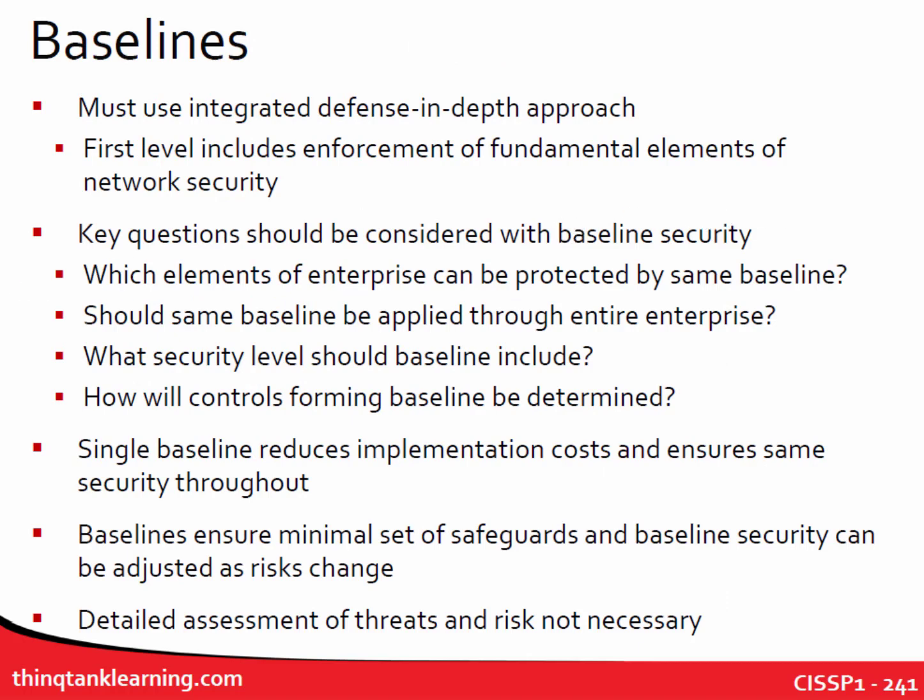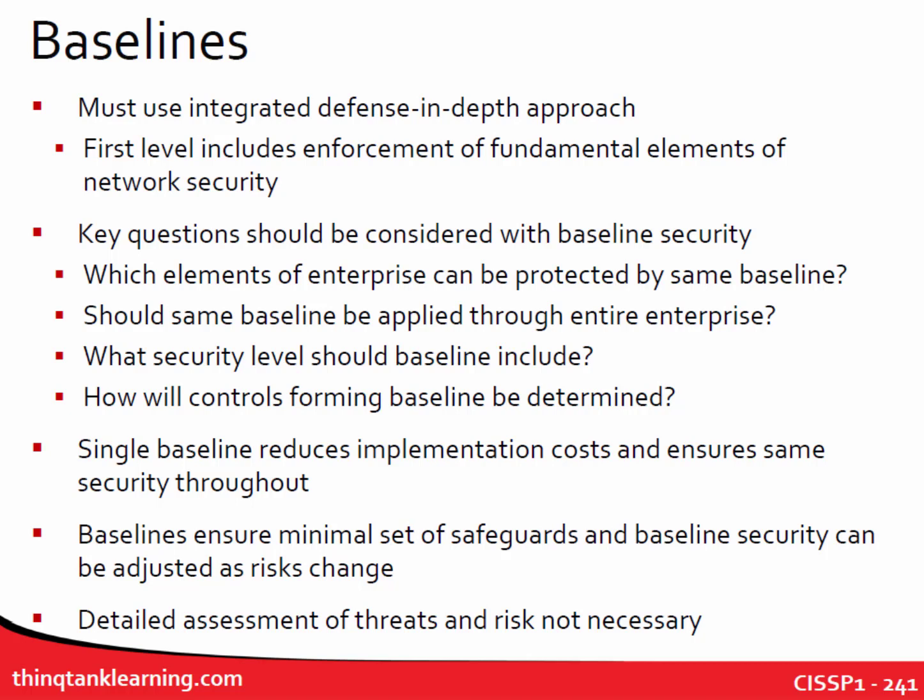Also establish appropriate baselines. We know by definition from previous discussions what a baseline is, right? Use a defense in depth approach, meaning that we're not using one single defense mechanism, we're using multiple layers of defense to provide defense for various attacks.